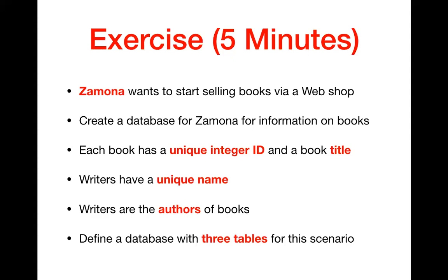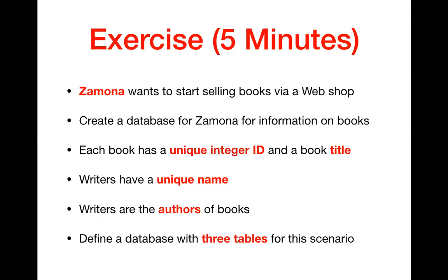The exercise is the following. We are considering a bookseller, let's call it Zamona, who wants to start selling books via a web portal. Your goal for the moment is to create a database schema for Zamona in order to store information on books.